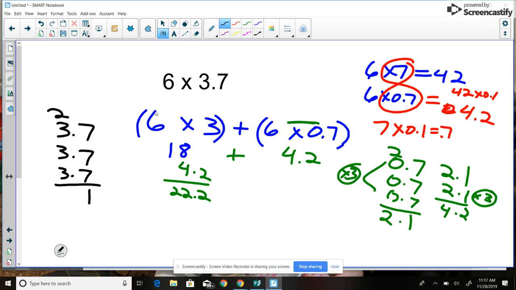Again, there's your 21 tenths, or 2 1/10, plus your 18 here, plus your 9 right here and 2 more, give us 11 1/10, and that's for 3 7/10 times 3. So again, to get 3 more to make it times 6 would still give us 22 2/10.